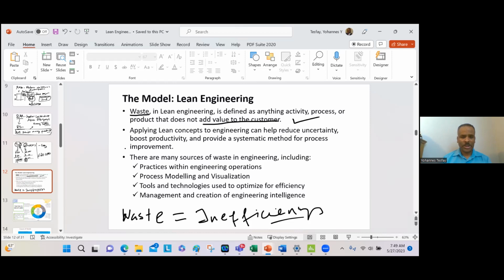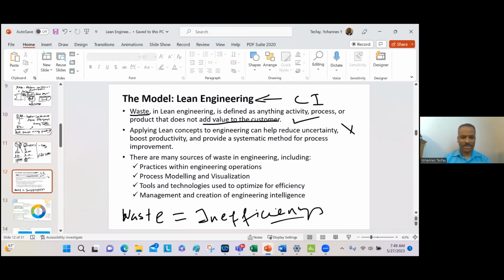Applying lean concepts in engineering can reduce uncertainty and also increase productivity because you reduce cost and time. It provides a systematic method of process improvement. Lean is one of the continuous improvement methodologies. Don't forget, lean engineering is one of the CI methods.